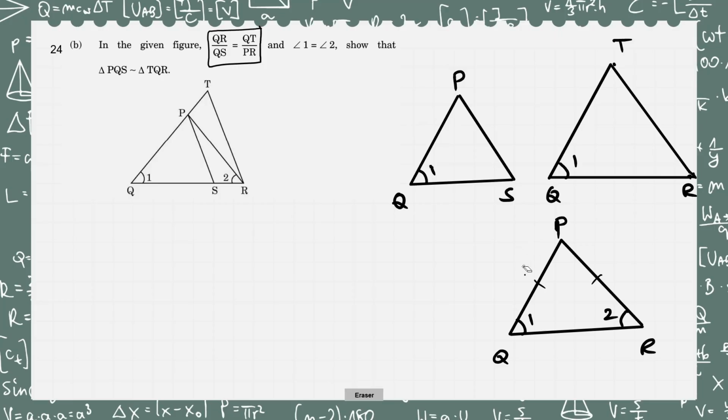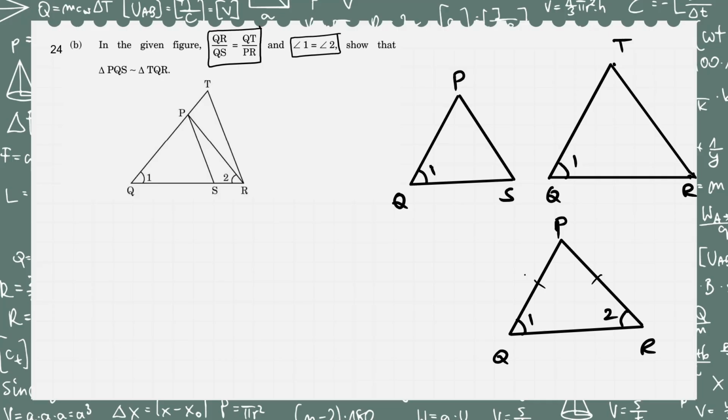So before we do that, let us consider this triangle PQR. So angle at Q is 1 and angle at R is 2, and they have already given that angle 1 and angle 2 are equal to each other. So what does it mean? Triangle PQR is an isosceles triangle, right? And you know well that in an isosceles triangle, the sides opposite to the equal angles are equal to each other.